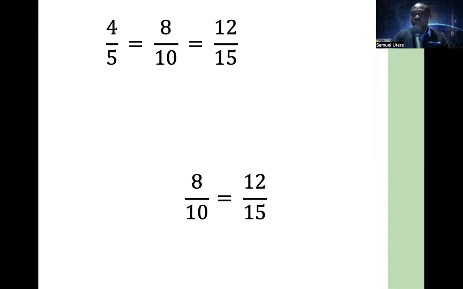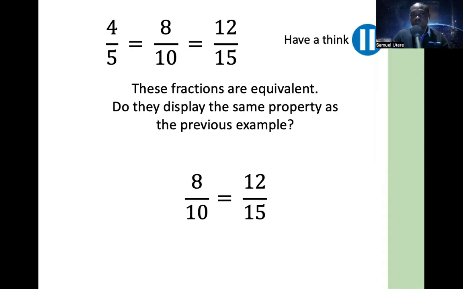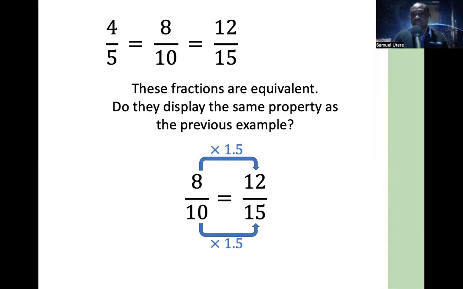Would it give me any special number that I would know about? And what if I divide 15 by 10? Well, you spot really quickly that that number is 1.5. So if you multiply 8 by 1.5, you get 12. And if you multiply 10 by 1.5, you get 15.